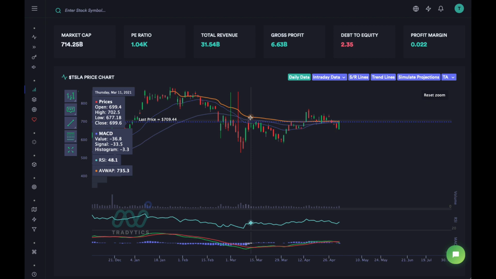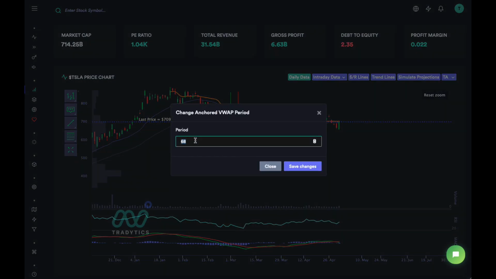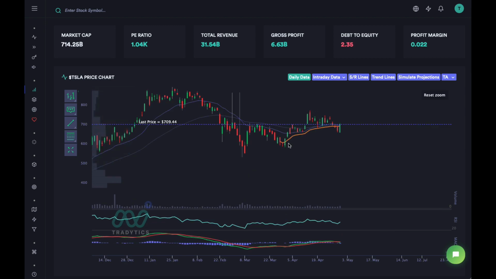So this orange line on the Tradix platform is the anchored VWAP, but for the sake of simplicity, let's just consider it a volume weighted average price. It's easier to explain it if we anchor it from a bottom instead of from the top. Okay, so let's say from this point in time we are going up, and then we are going down, and price is doing something.